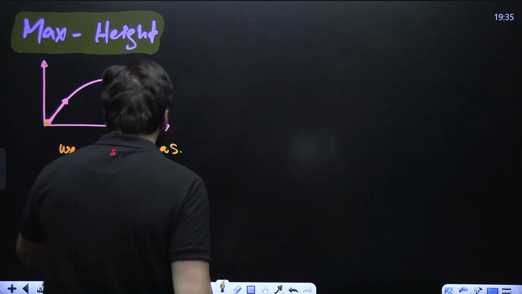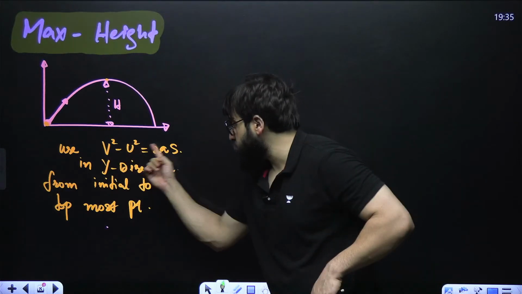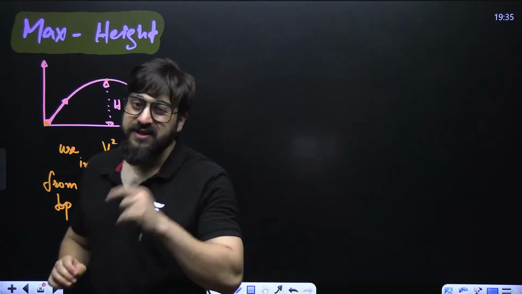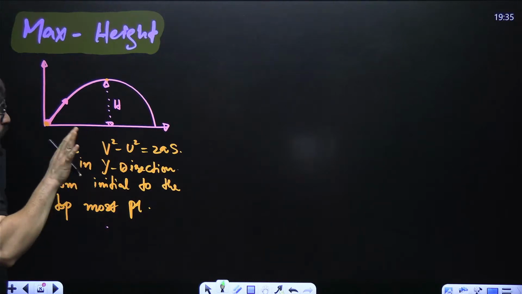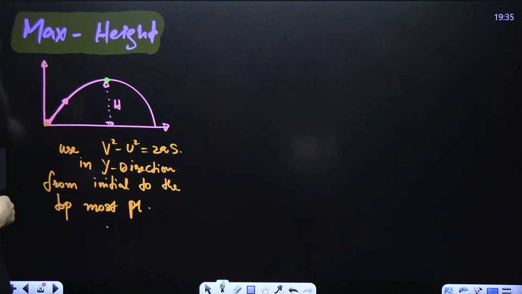Guys, tell me one thing. If I use this equation in the y direction, v square minus u square is equal to 2as. See, when it comes to the topmost point, I would want you to listen to me very carefully.